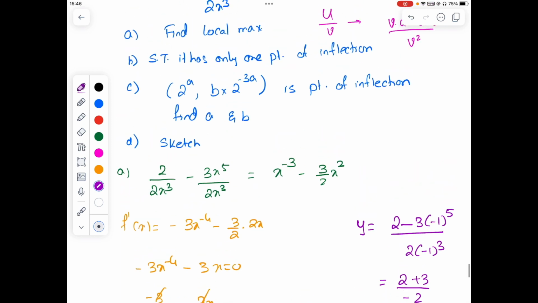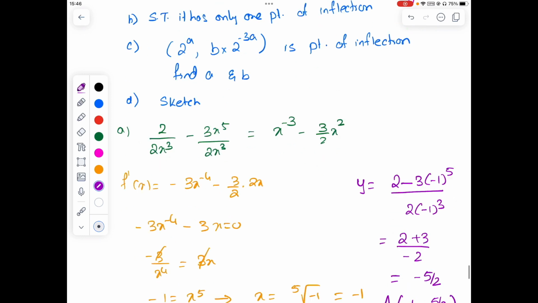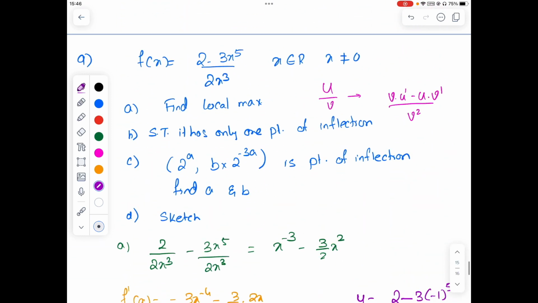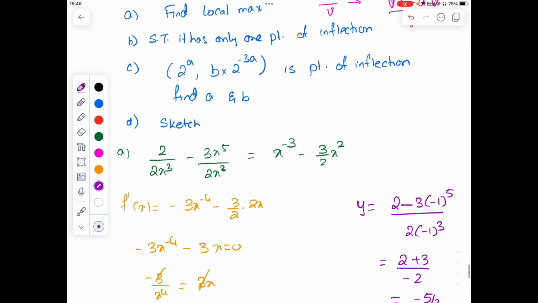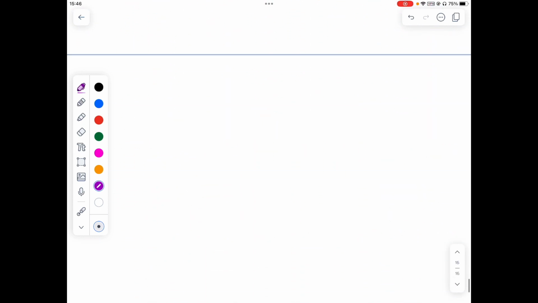Now coming to the second part: show that it has only one point of inflection, and that the point of inflection is written in that form. Find the values of a and b. So for finding that it has only one point of inflection, what should I be doing? I will find the second derivative.